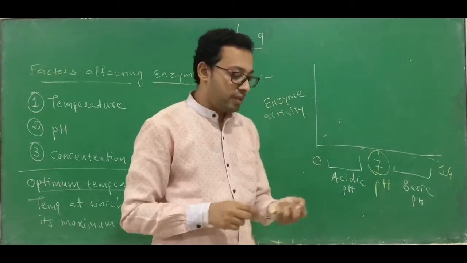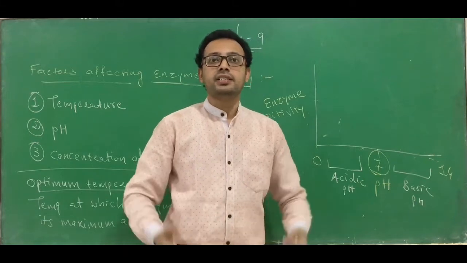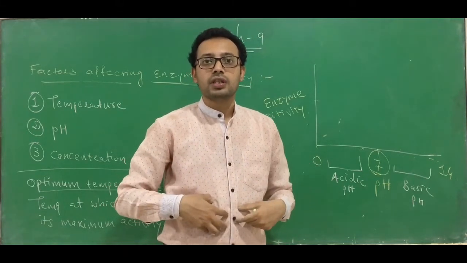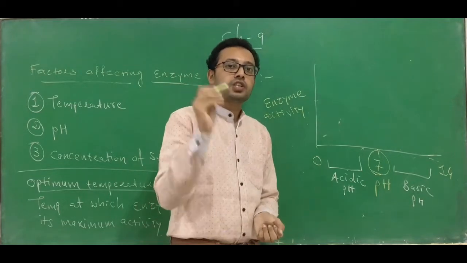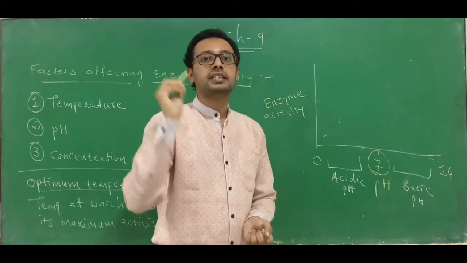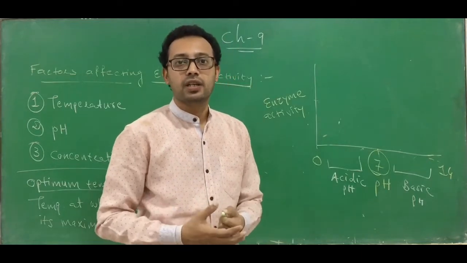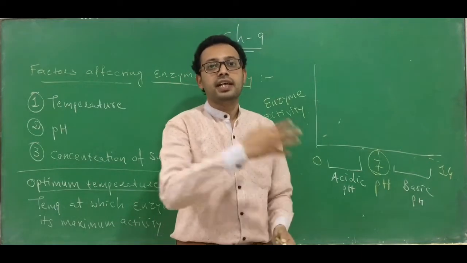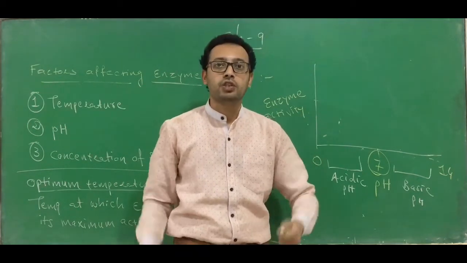Take an example of pepsin. You know the example. Pepsin is an enzyme that is released in the gastric juice and is responsible for digestion of protein. This pepsin shows its maximum activity at acidic pH. That's why the environment of the stomach is acidic. If it is not acidic, then the enzyme doesn't become active. Pepsinogen doesn't get converted to pepsin.